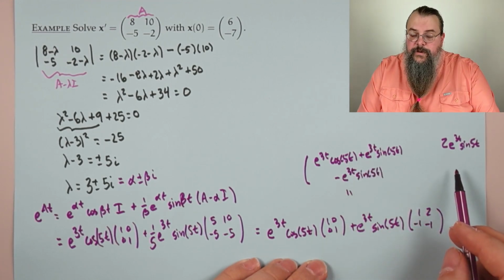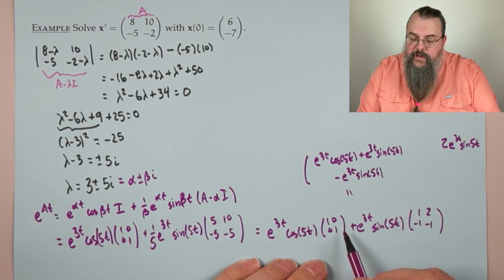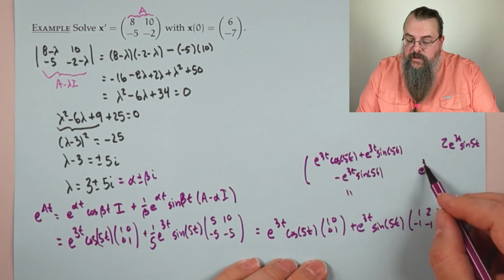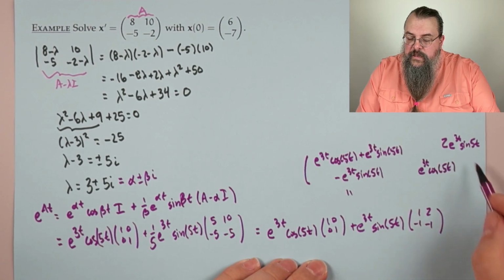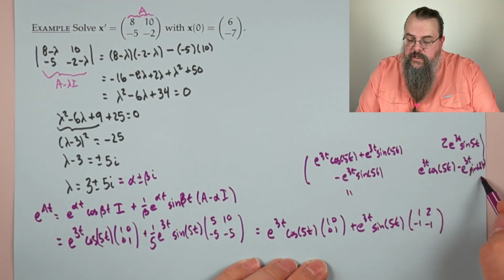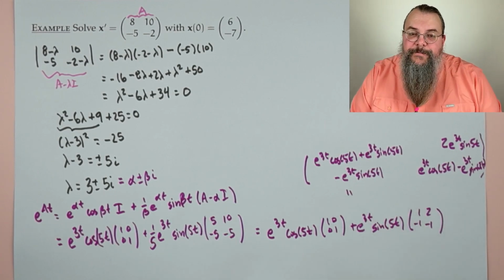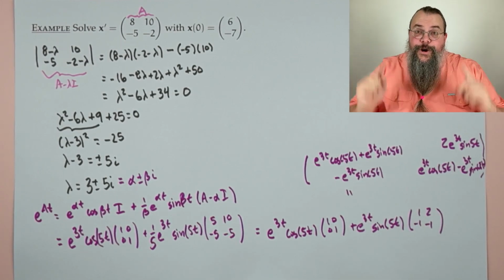And then in the lower right, we'll have e to the 3t cosine of 5t, and then minus e to the 3t sine of 5t. All right. Well, that's the danger of trying to put it all into one line. Now, are we done?